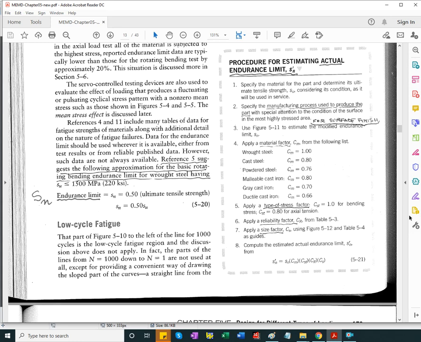If it's bending, like in the Moore test, the coefficient is 1. Otherwise, if we have tensile loading, you can see it's less than 1. Why is that?